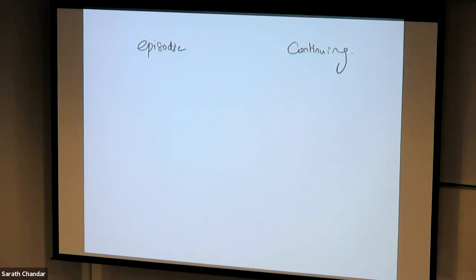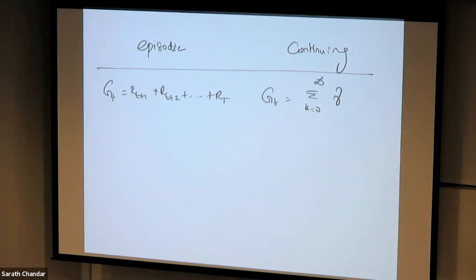As a recap, for episodic tasks, we have G_t equal to R_{t+1} plus R_{t+2} up to R_T. For continuing tasks, we have the summation over k equals 0 to infinity of gamma to the power k, R_{t+k+1}. Continuing tasks are much more general than episodic tasks because they never end. So if we can convert episodic tasks to some version of continuing tasks, then we have one notation for both. The way in which we are going to do that is very simple.